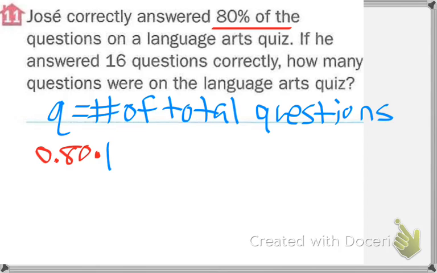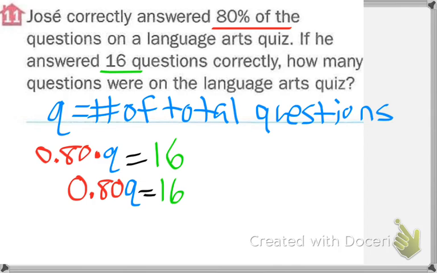So 0.80 times Q is going to equal how many he answered, and it says that was 16. So 80% of the total number of questions is 16, meaning 16 was a piece of the whole, and the whole is Q. So our equation is 0.80 times Q equals 16.